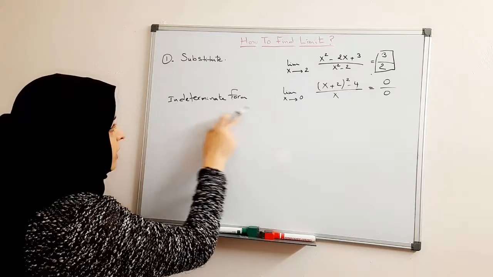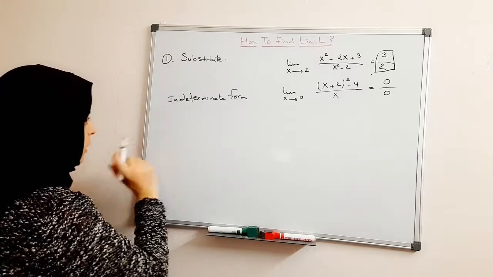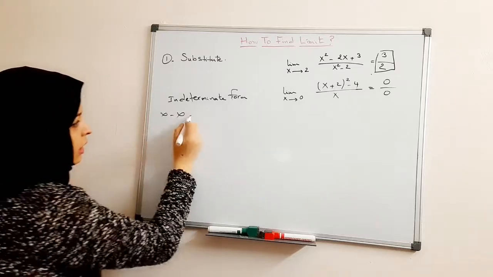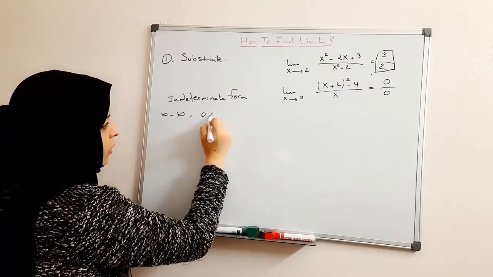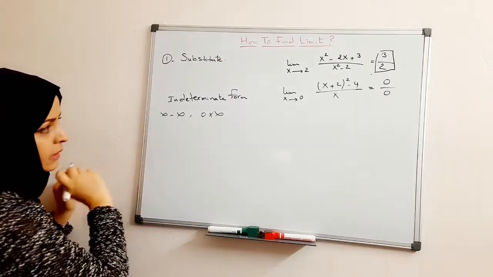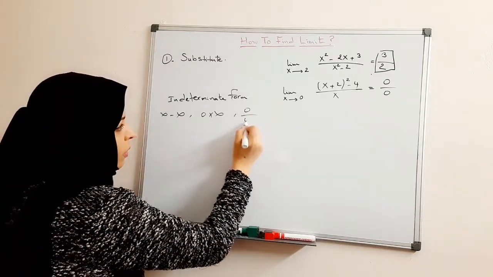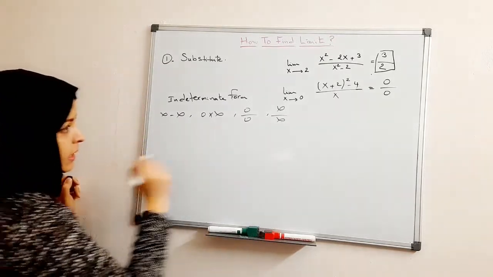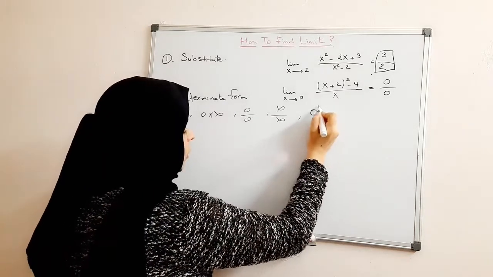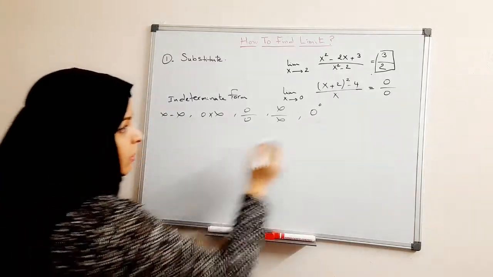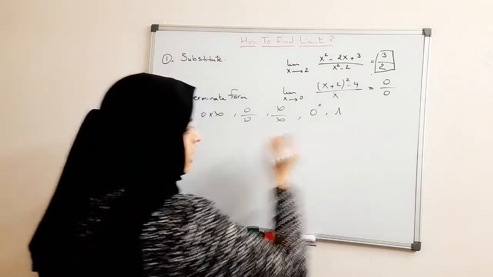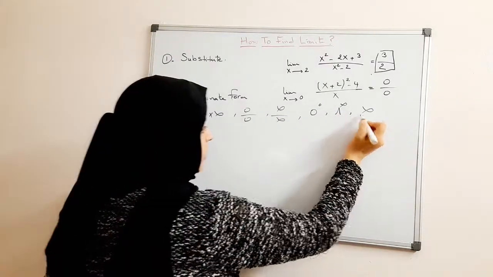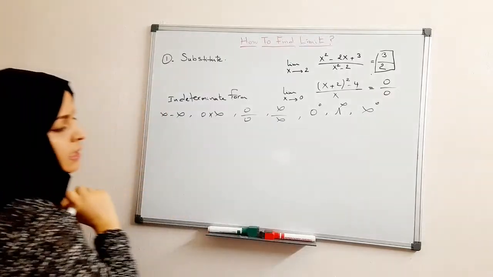The indeterminate forms we have for the limits are infinity minus infinity, 0 multiplied by infinity, 0 over 0, infinity over infinity, 0 to the power of 0, 1 to the power of infinity, and infinity to the power of 0.